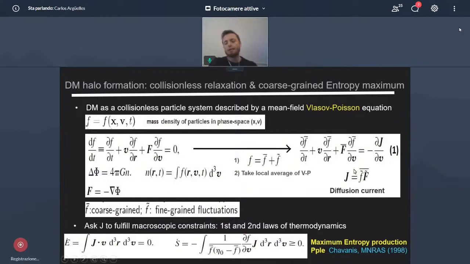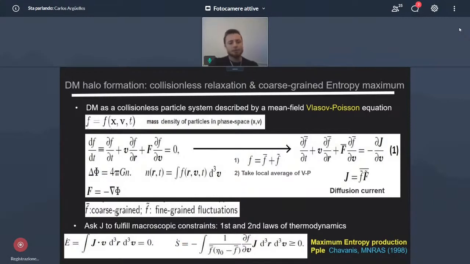This equation generally has the name of a convection-diffusion equation, where the current has the information of the fine-grained fluctuation average. So the challenge here is to solve this equation in order to find the most likely current, which is the complicated one.